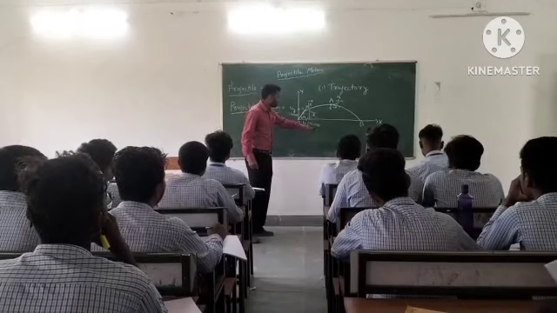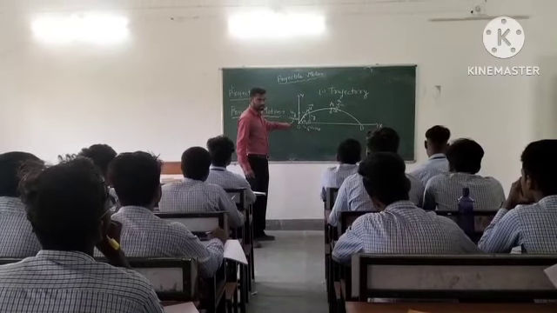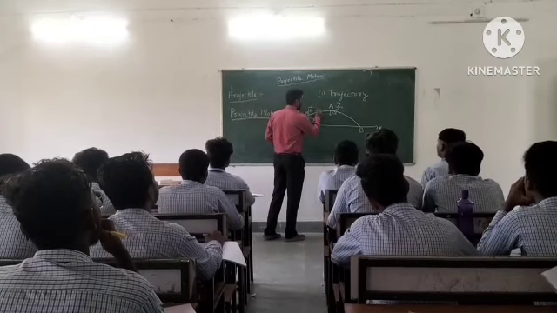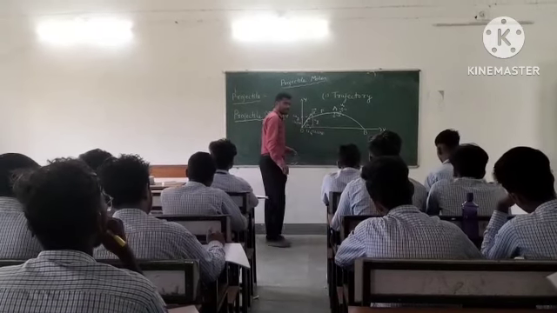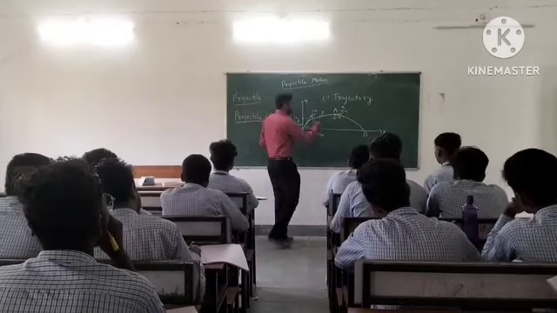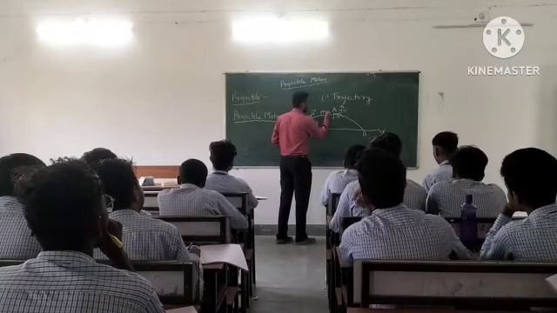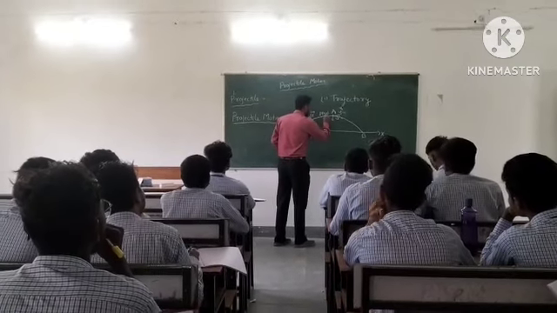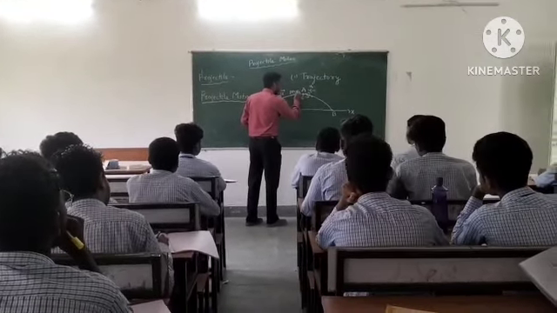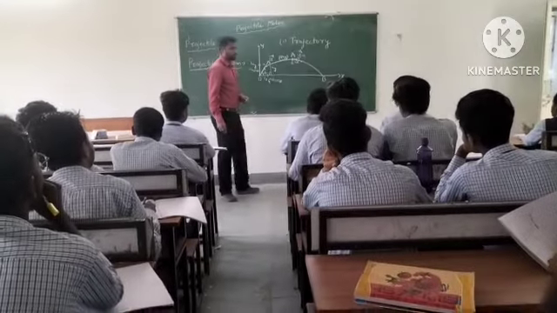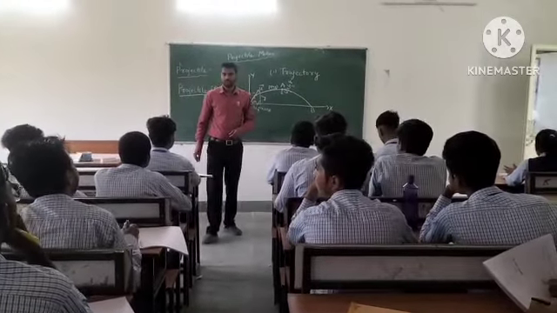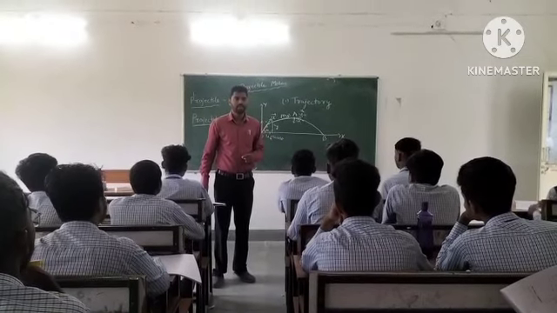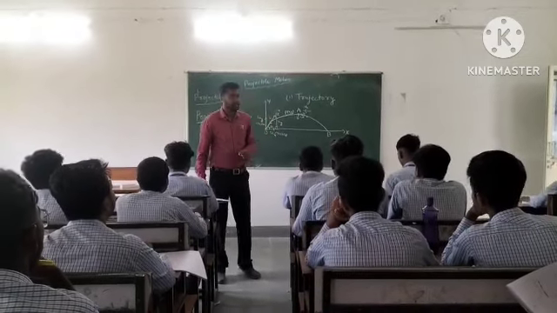Horizontal component will be u cos theta. Vertical component will be u sin theta. Suppose we take a random point P whose coordinates are x, y. As we have discussed, at any point for a non-linear motion, the direction of linear velocity will be tangential.